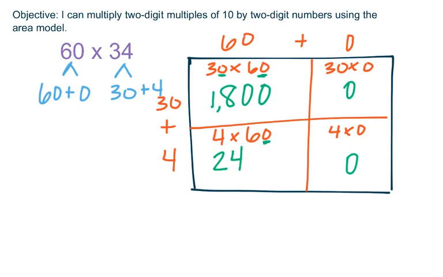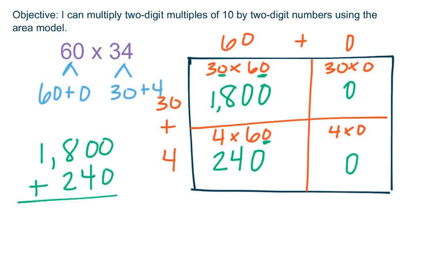That 4 times 60 is 240. And then finally, I add them up. And again, I'm not going to add those zeros because I know they're not going to change my answer at all. So I'm going to just add the numbers that are left over. 8 plus 2 is 10. Carry the 1. So my answer to 60 times 34 is 2,040.